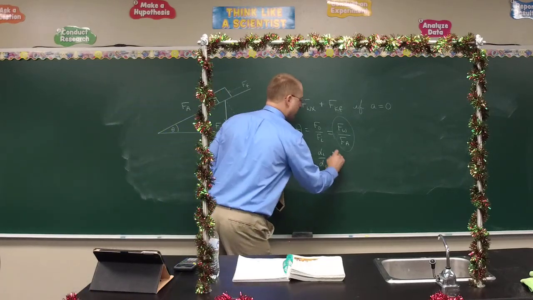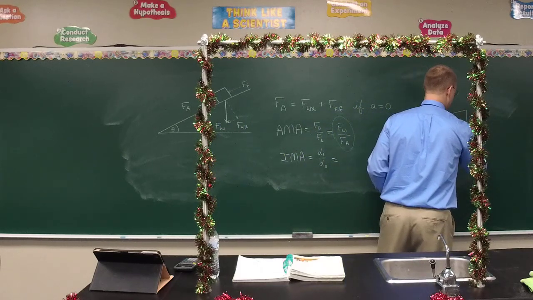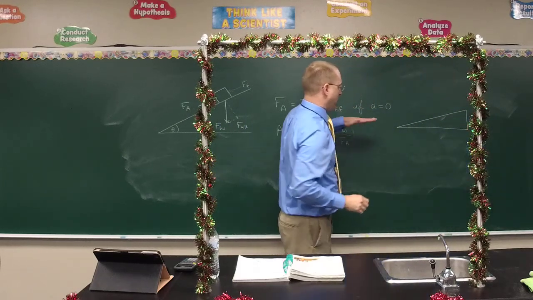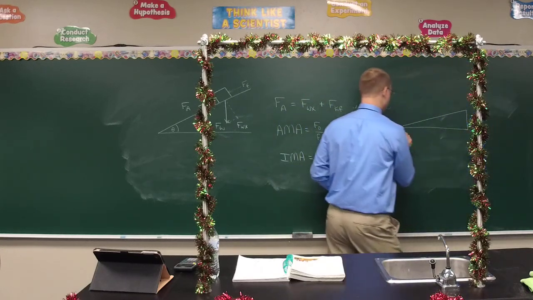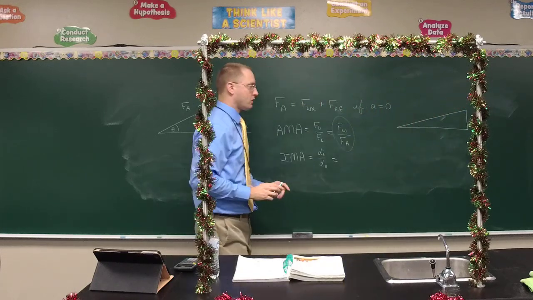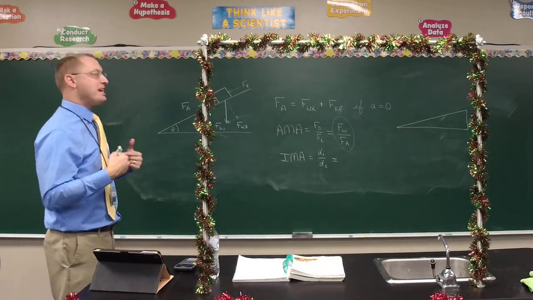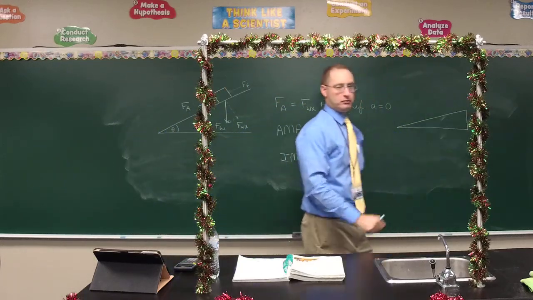But let's think about a ramp for a moment. We've got a ramp. We come to the ramp with a wheelchair, and we get to the end of the ramp, and here's the next level. So here's level 1 down here, here's level 2 up here, the ramp goes in between. What distance do we have to put in to go from this level to that level?